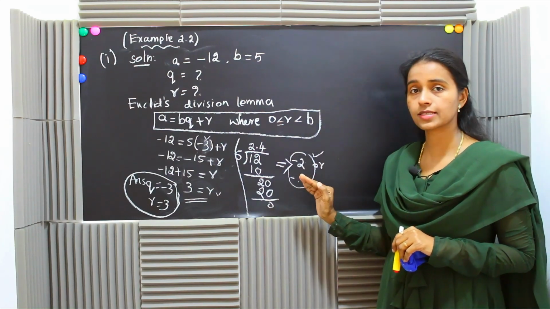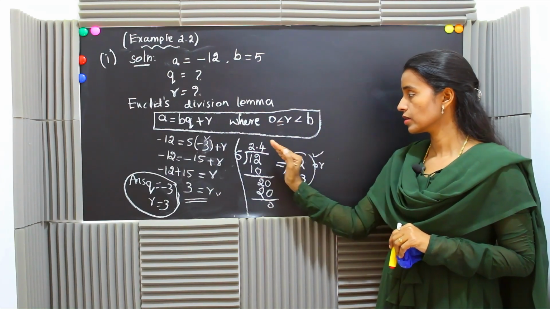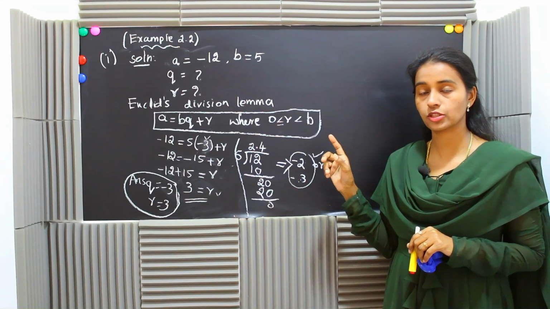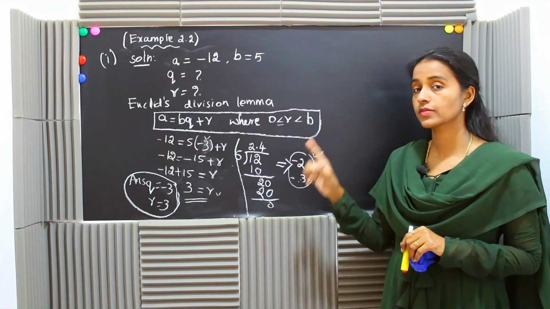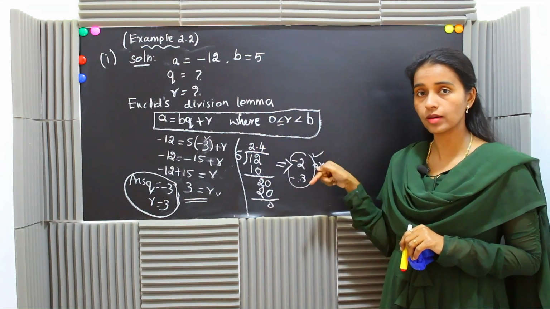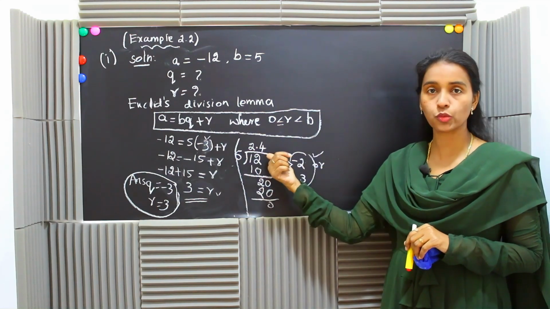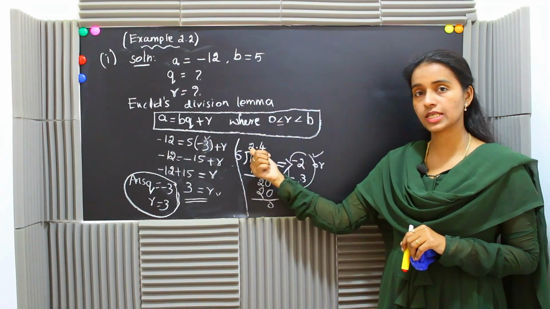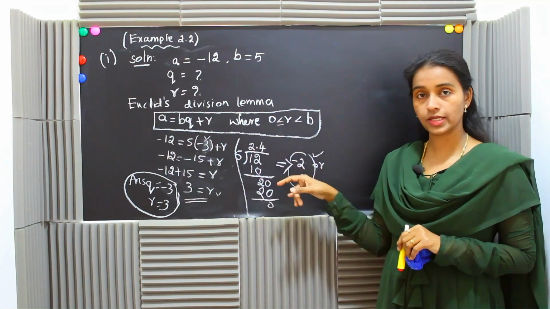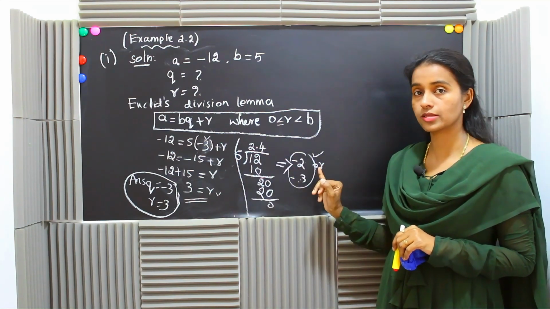In this case, we should take the whole number as quotient. We should not take the decimal number as quotient. We should take a whole number, either 2 or 3, because this is 2.4. That's why we can take either 2 or 3. For that it is minus 2 or minus 3.